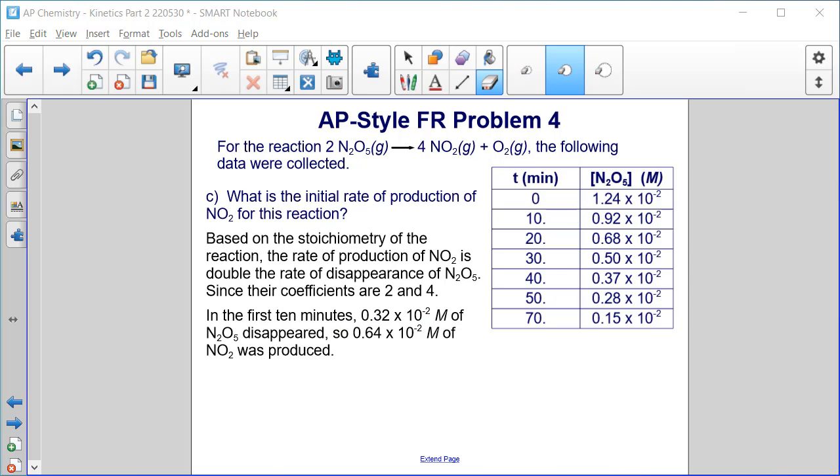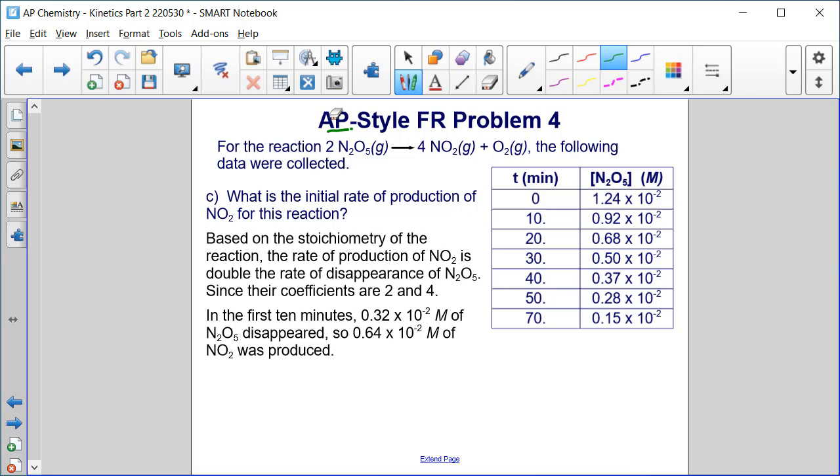Part C, what is the initial rate of production of NO2 for this reaction? Take a look here at the stoichiometric relationship between the rate of disappearance of N2O5, which has a coefficient of 2, and the appearance of NO2, which has a coefficient of 4, right?